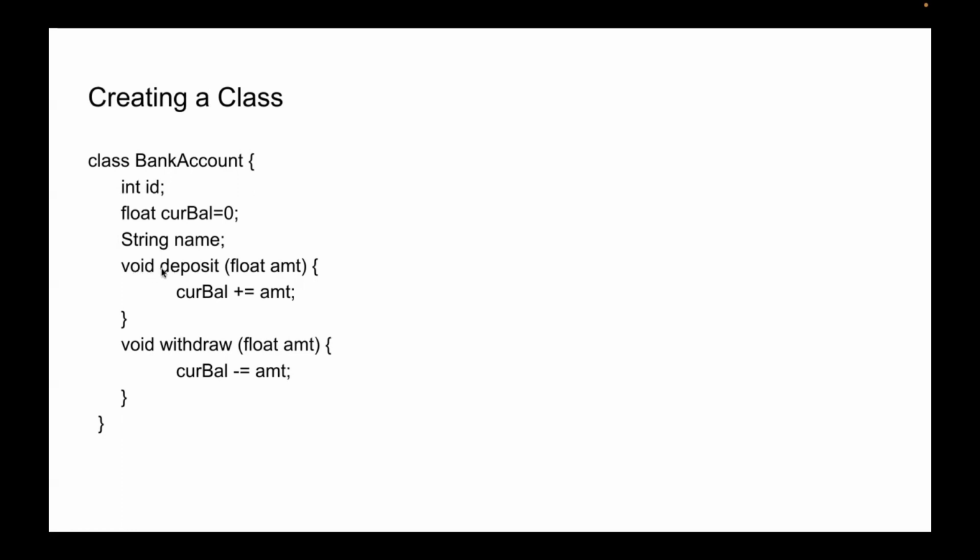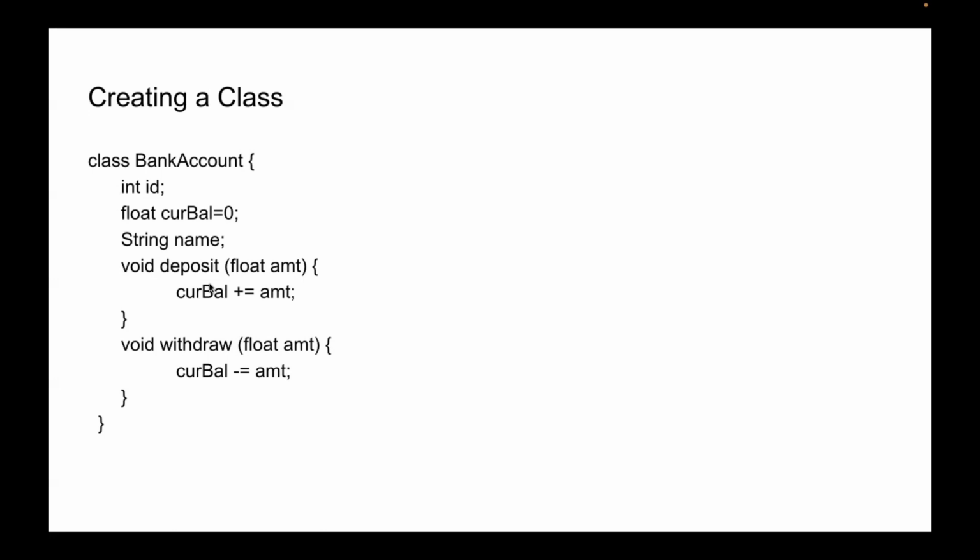In this bank account, we can deposit money and we can withdraw money. We are using attributes like amount and current balance to change the state of the attribute. Suppose you add some amount to your current balance, that is a deposit.